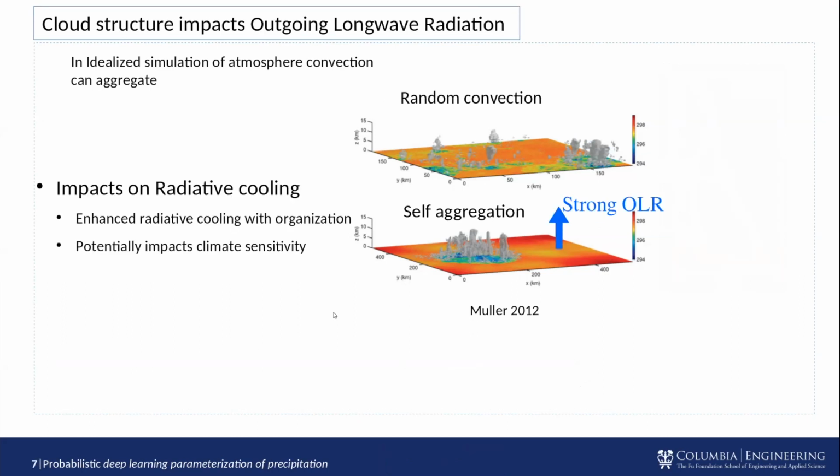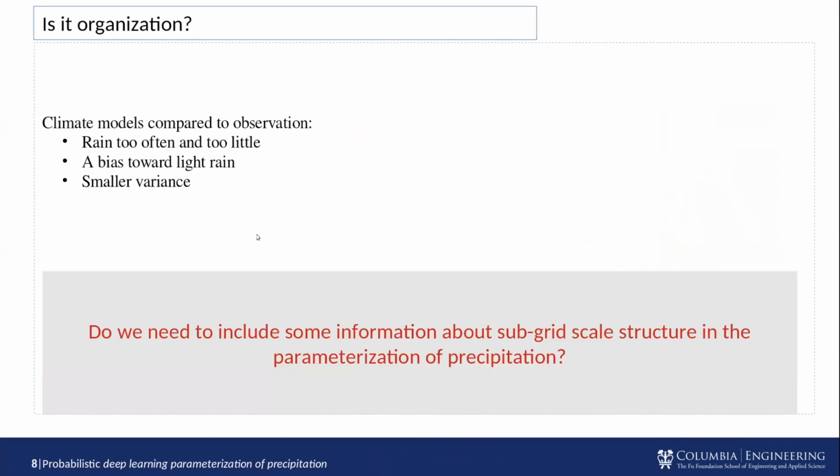We also know that organization can matter for outgoing long-wave radiation, because if we get organization, the atmosphere is overall drier, and that lets more outgoing long-wave radiation, and that can affect climate sensitivity. But in our GCM, we didn't have any interaction or any degree of organization. And we also saw that we have some shortcomings in predicting precipitation.